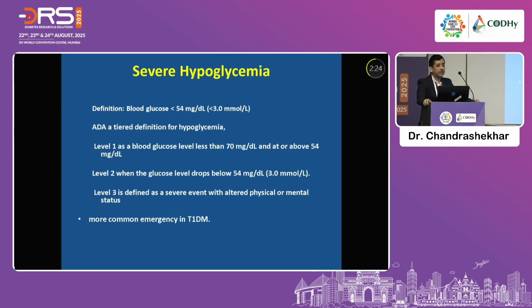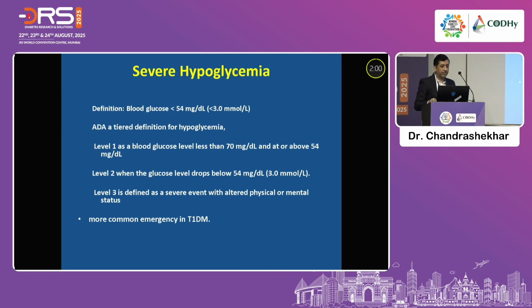The third emergency, very common in type 1 diabetes, is hypoglycemia, where blood glucose is less than 54. ADA has a tiered definition for hypoglycemia, where level 1 is less than 70, level 2 is below 54, and level 3 is a severe event with an altered physical or mental status.